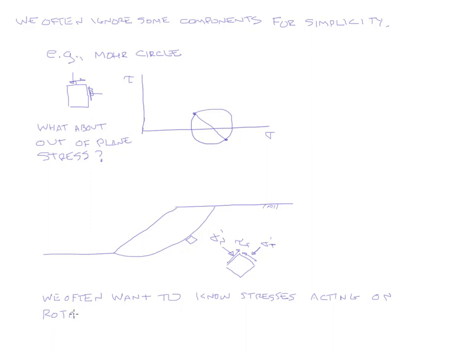We want to know what is the normal stress acting on that slip surface, and that allows us to estimate the shear strength of the soil. So there are a lot of times when we want to rotate stress conditions and solve for principal stresses and things like that too. And slope stability is just one example.